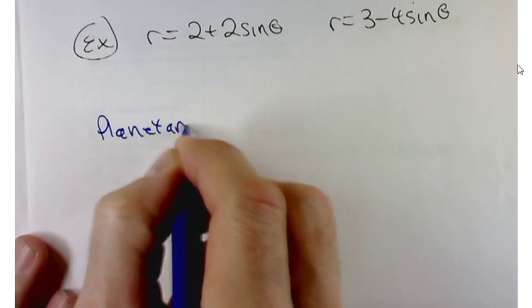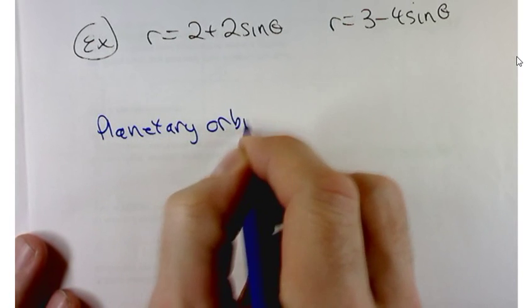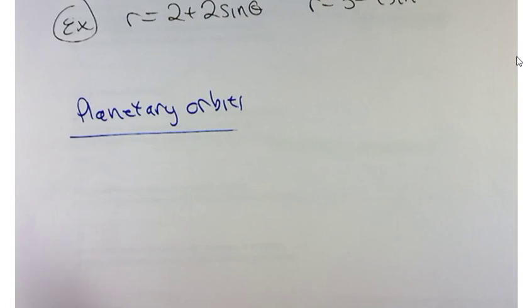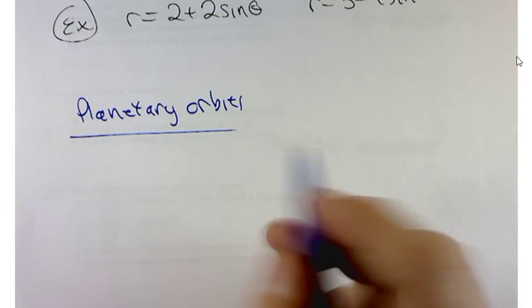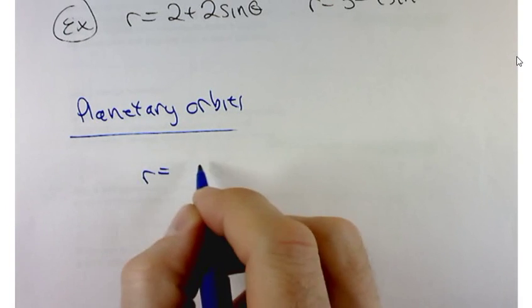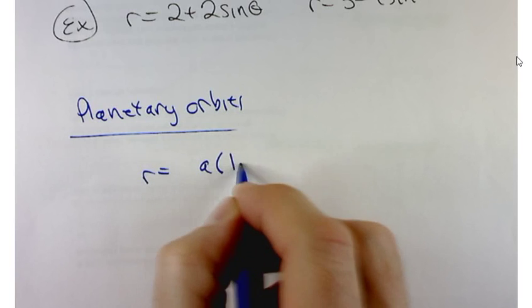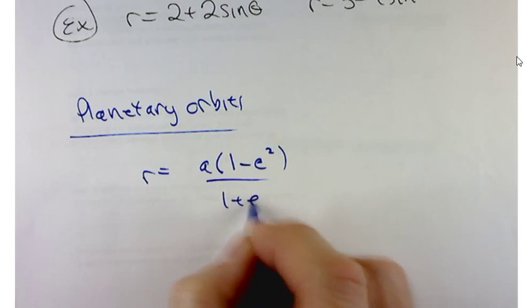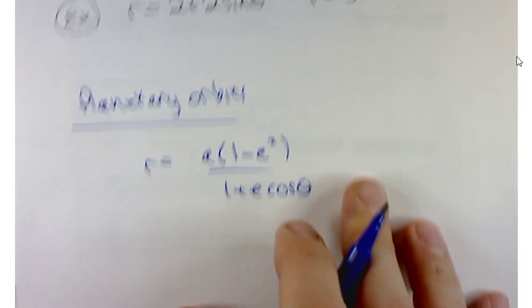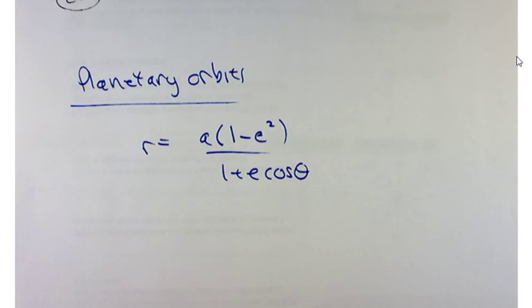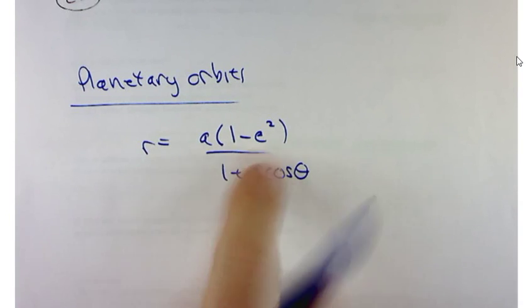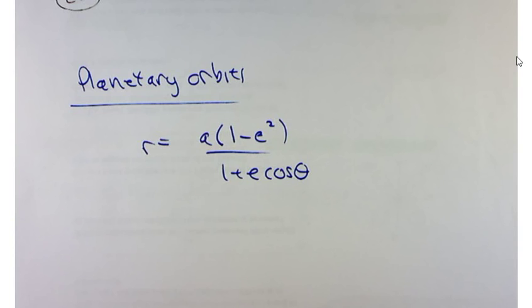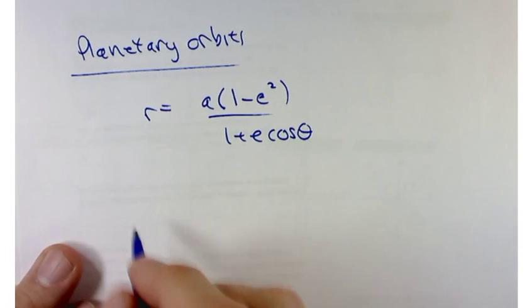Planetary orbits are elliptical shapes, and they can be written like this: A times 1 minus e squared over 1 plus e cosine of theta. E is called the eccentricity of your ellipse. The bigger E is, the less like a circle and the more like an oval your orbit is going to look.